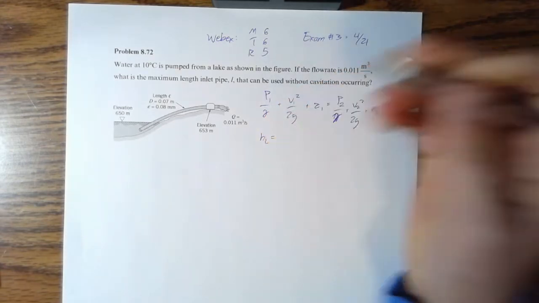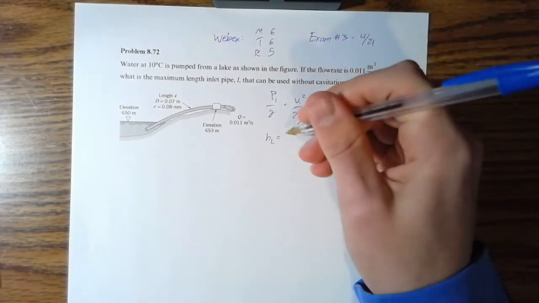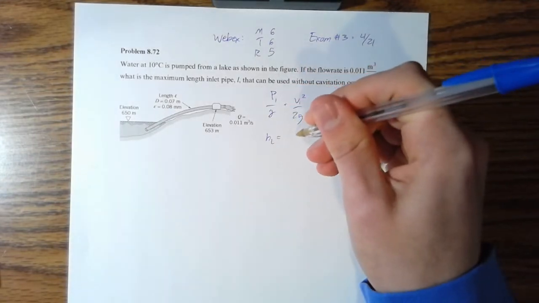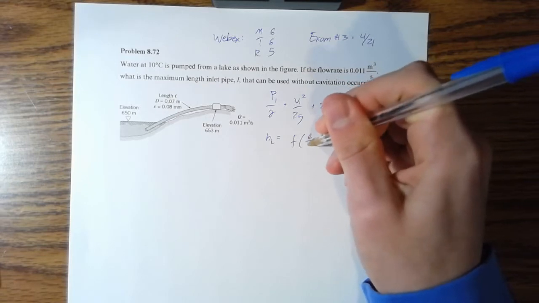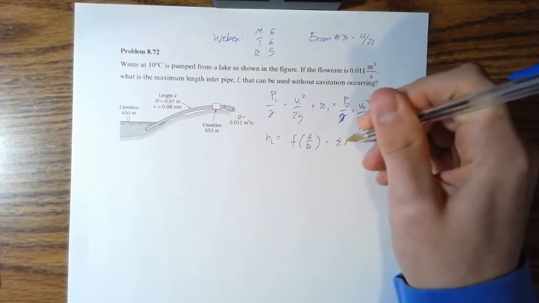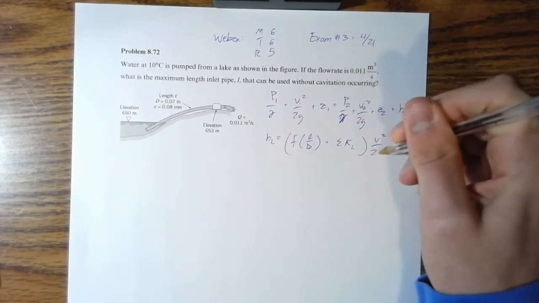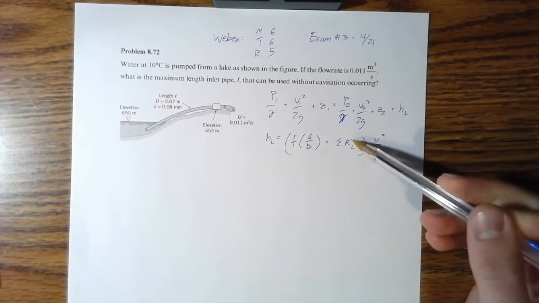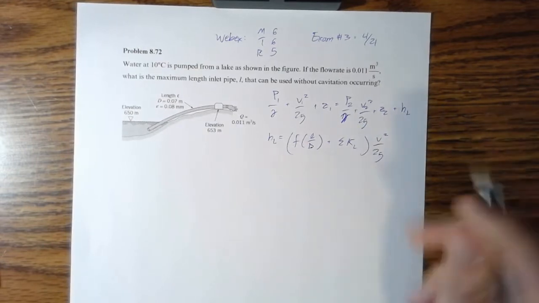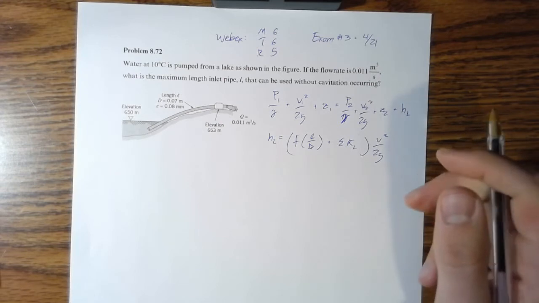And remember, HL, when we're working with pipes, is the friction factor times the length over diameter plus sigma KL, both of those multiplied by V squared over 2g. And the sigma KL depends on connections, inlets, outlets, that sort of thing.